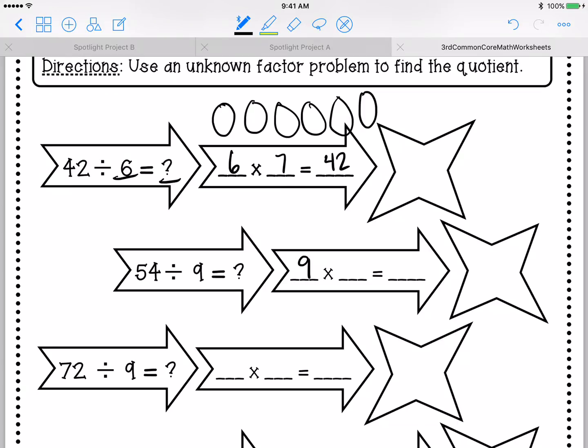That's a thought, but I'm going to use my finger trick, and I'm going to try 9 times 1. No, 9 times 1 is 9. 9 times 2, 18. That's not it. 9 times 3, 27. That's not it. 9 times 4, 36. I'm looking at my fingers right now. 9 times 5 is 45. 9 times 6, 54. I see 54 right here, so I know that 9 times 6 is equal to 54.